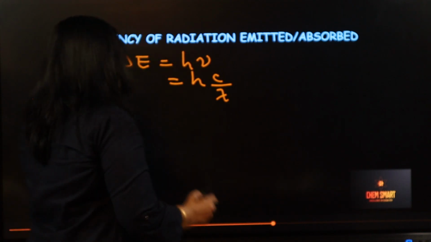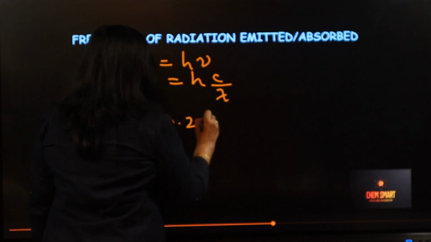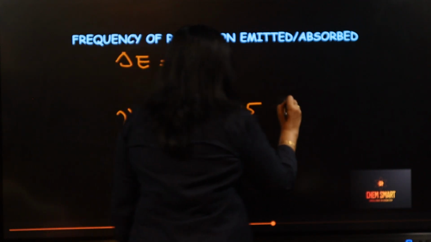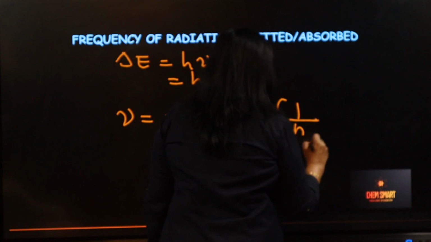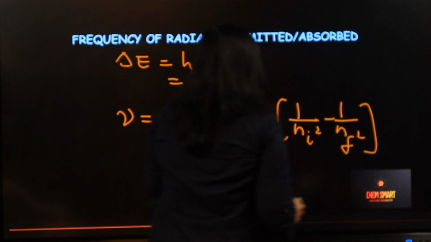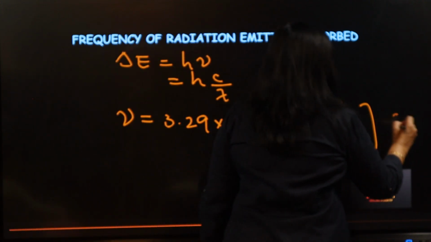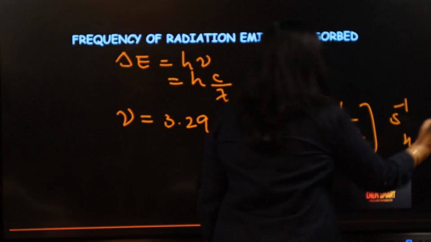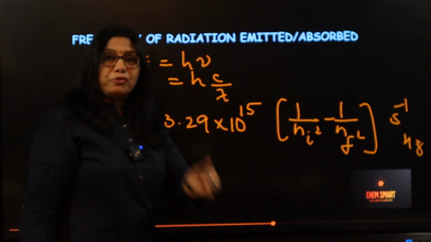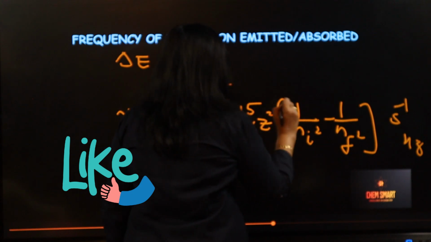So we can get a derived formula that nu is equal to 3.29 into 10 raised to 15 into 1 by Ni square minus 1 by Nf square. This is for hydrogen atom, and the unit will be second inverse or hertz. Anyone you can use. If it is not hydrogen atom, for multi-electronic systems, just multiply it by Z square.